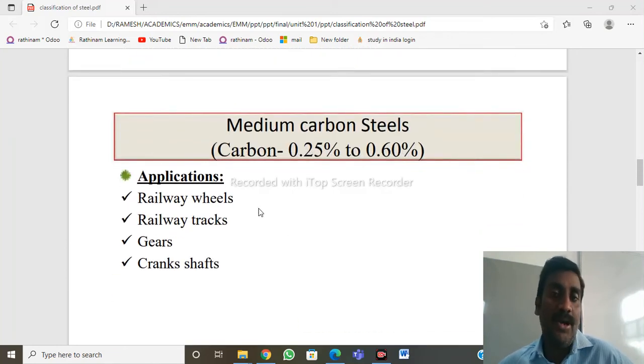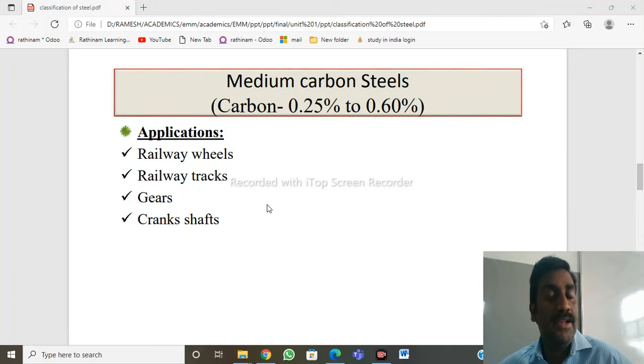Next, medium carbon steels. What is meant by medium carbon steels? The carbon percentage is 0.25% to 0.6%. Where do we apply this material? Railway wheels and railway tracks, gears, and crankshafts. Why can't we go for high carbon steels here? High carbon steels have brittleness.